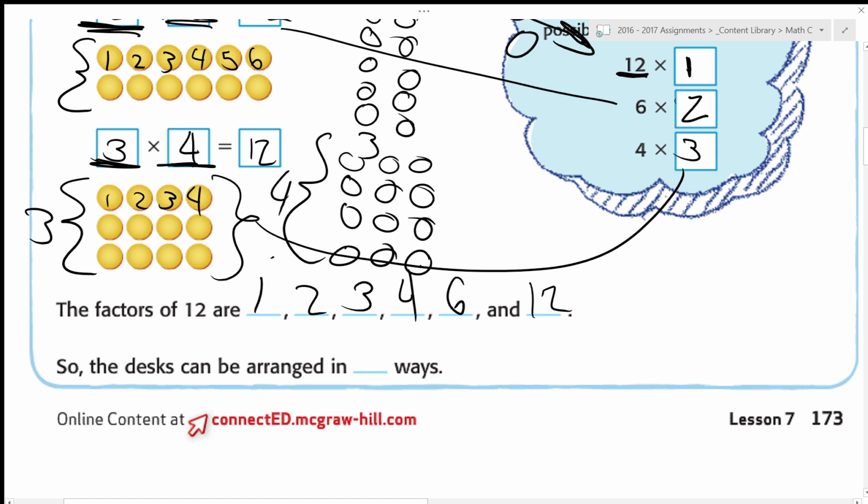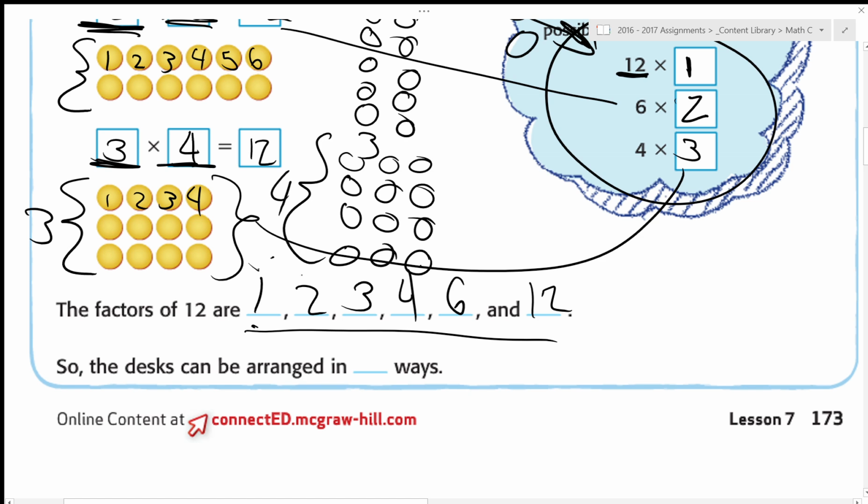So those are our factors. We could also just write these numbers down here. Now it's nice to write them in order, because there is going to be a time when you look for the smallest common factor or the largest common factors that 2 numbers have. So if you write them down from the smallest to the biggest, that will make it easier for you to do that.